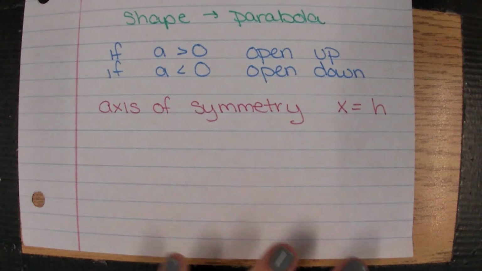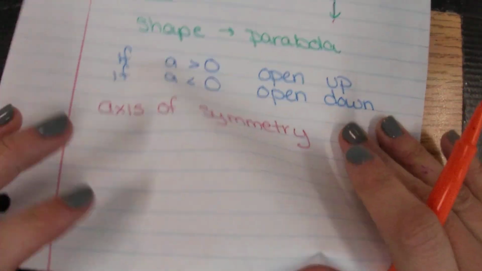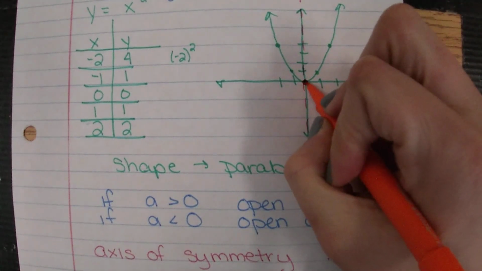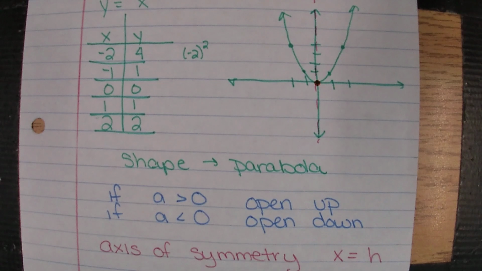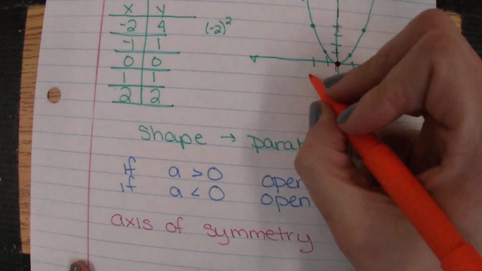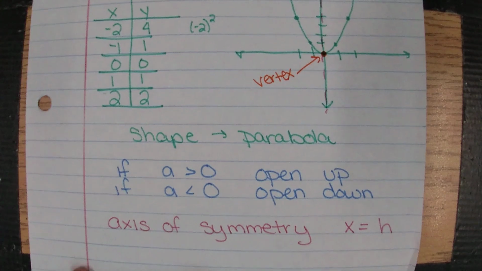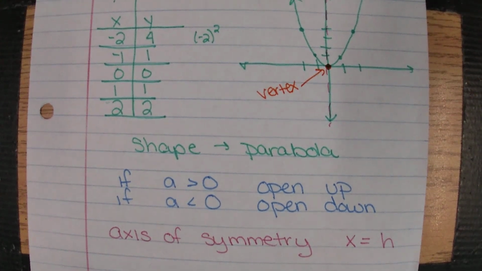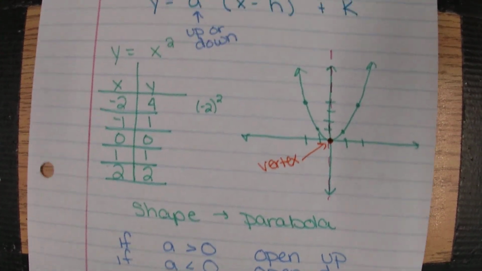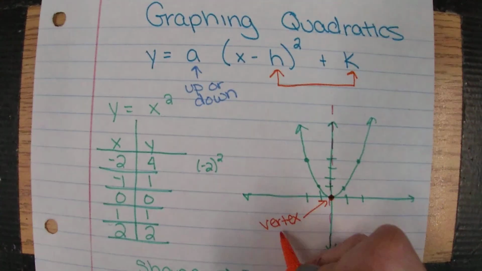A parabola also has something that we call a vertex. The vertex is the very middle of the parabola. It's the very tip top of a peak if it opens downwards, and the very low point if it opens upwards. So this right here is our vertex. Okay, and we find the vertex by using h and k.